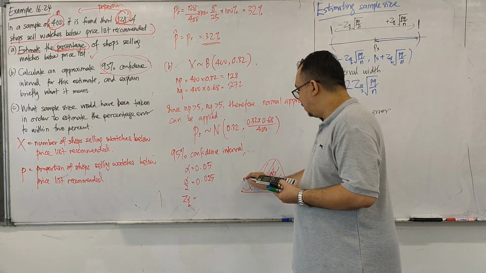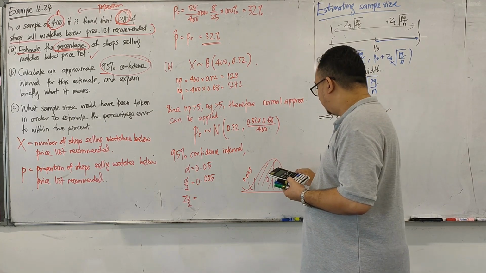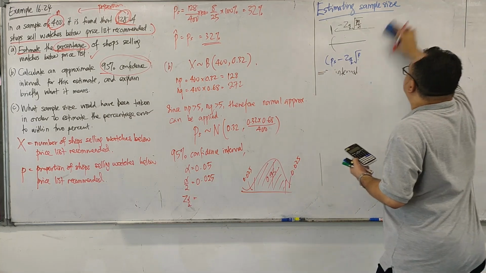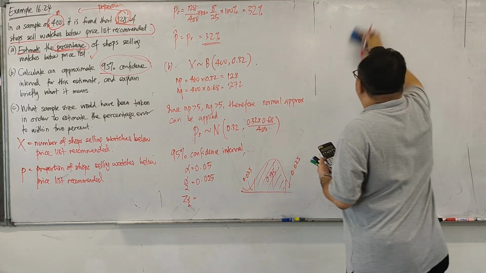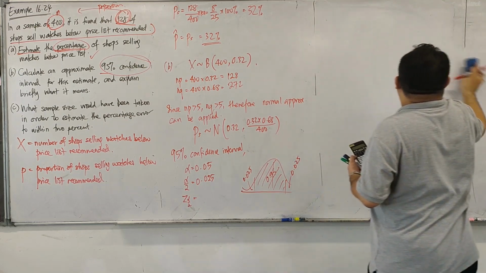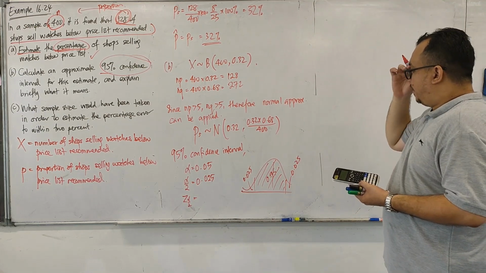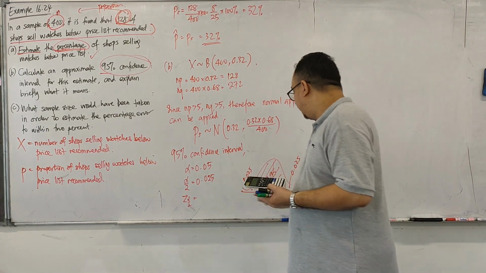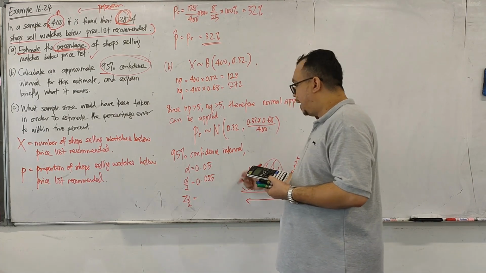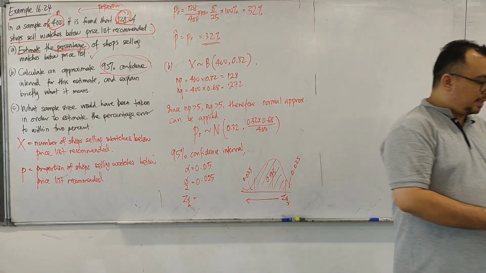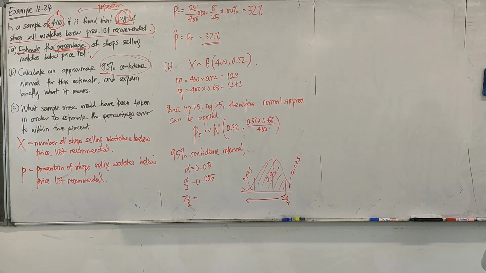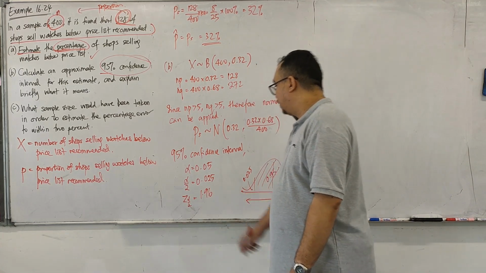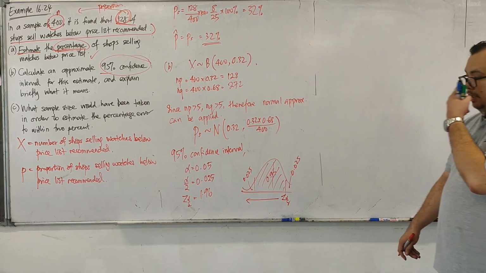Okay, so this is your 0.025, 0.025. Okay, this is your z alpha over 2. So untuk 95%, 95 plus 2.5%, awak akan dapat 1.96. Okay, you refer to your table.